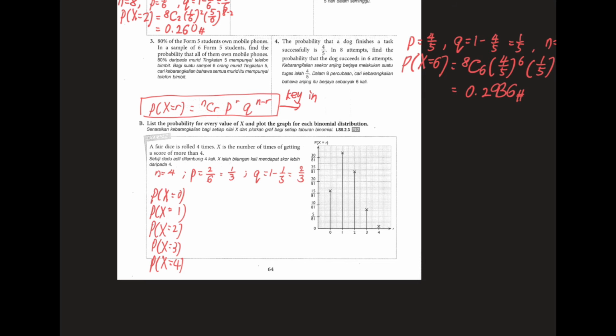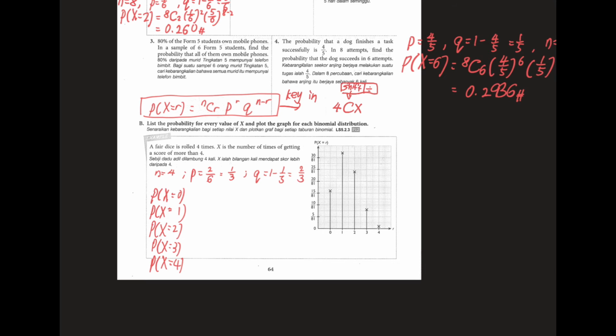So first, our n is 4, right? So 4C x. How to press C? For my calculator, shift divide. So shift divide, then you can see the C on the calculator screen.